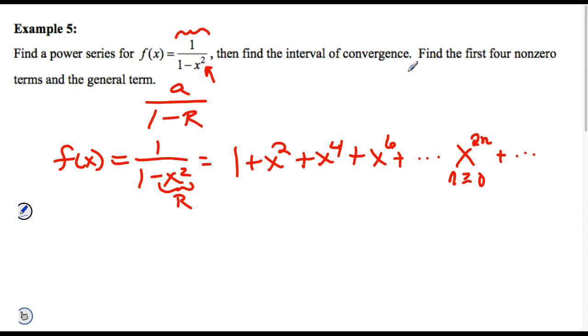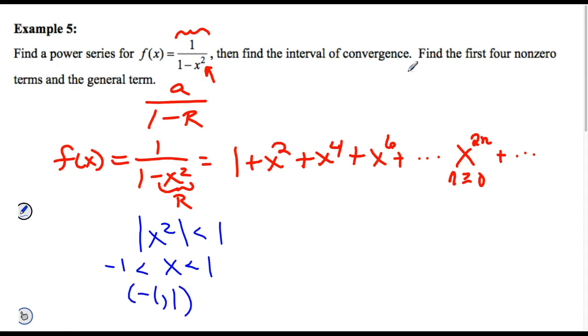For geometric, the absolute value of your common ratio has to be less than 1. What does that mean? It means my x would have to be less than 1 and greater than negative 1, so I can immediately see that.